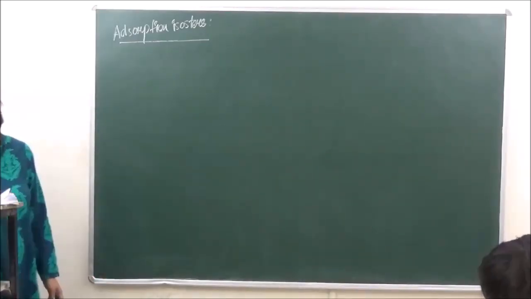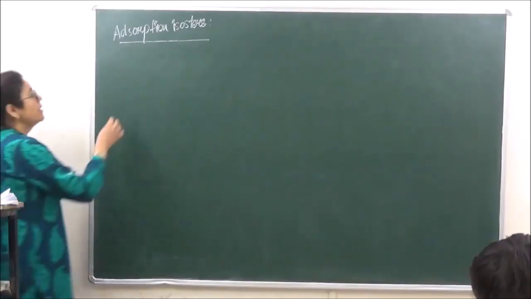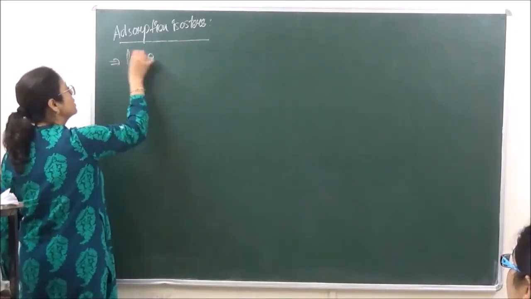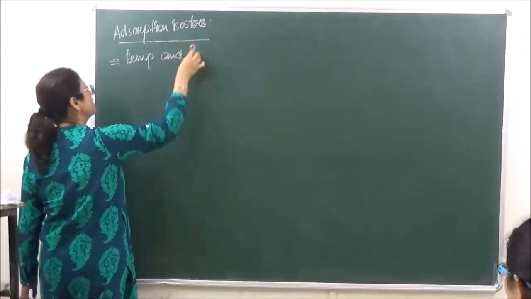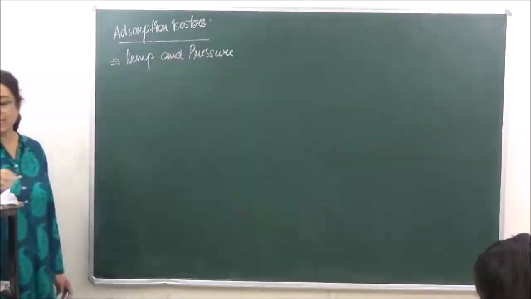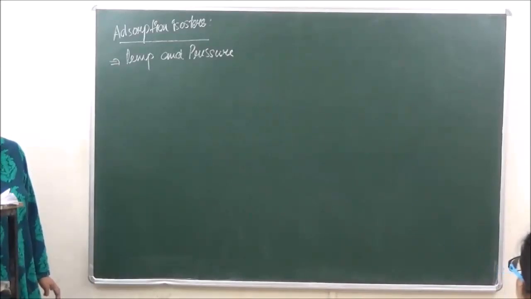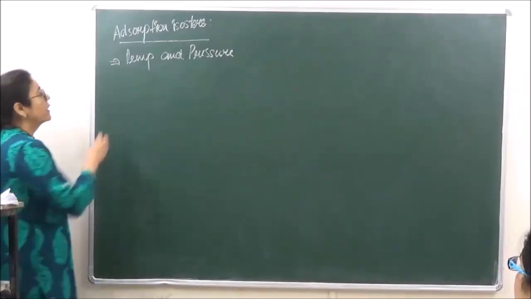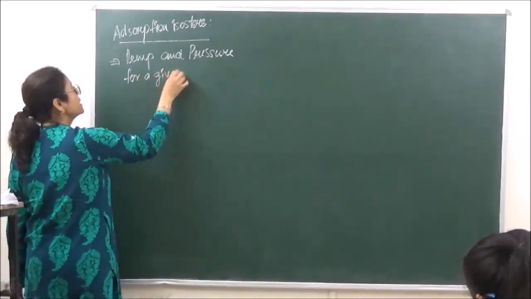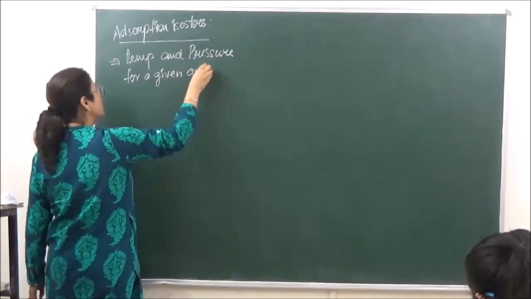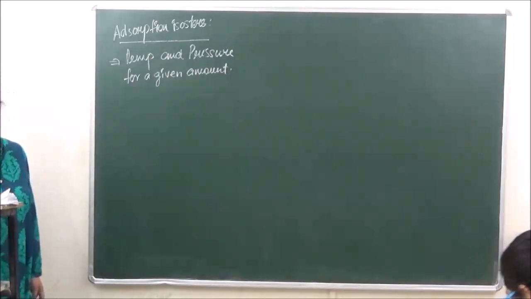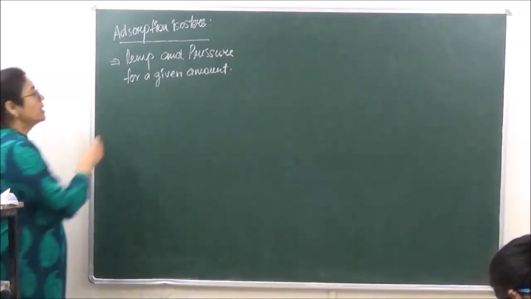Okay? Now, if we are plotting a graph between temperature and pressure for a given amount, that is, we are keeping the amount of the substance or adsorbate constant over here, then that is known as what?